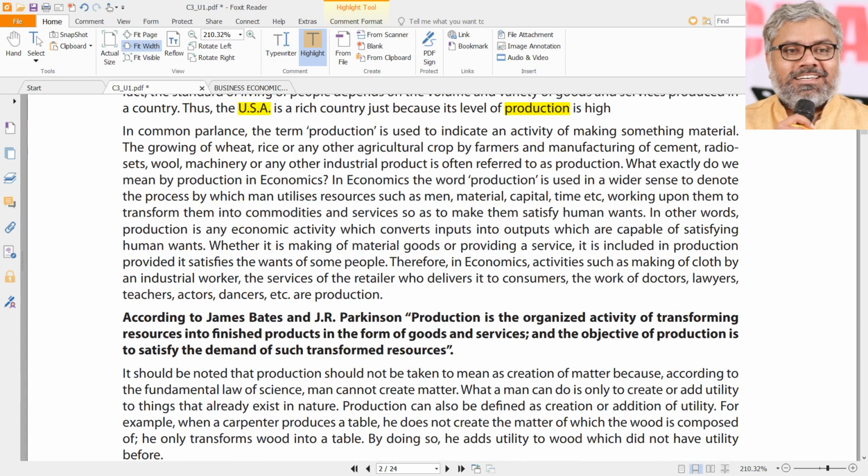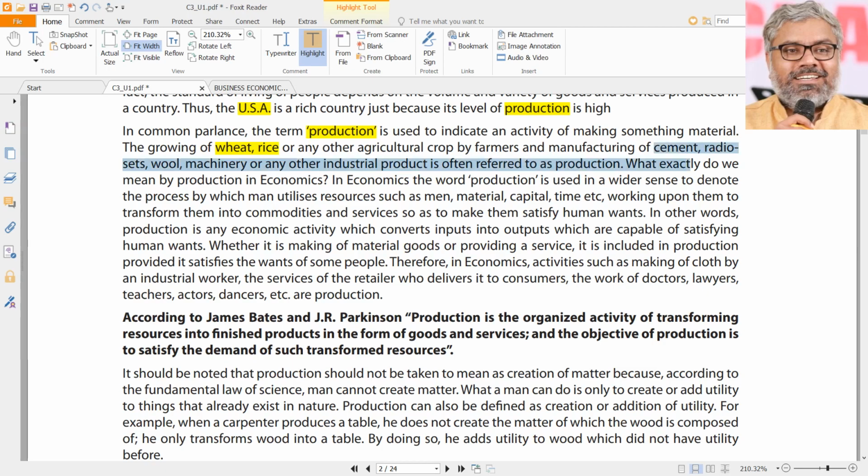Okay, fine. Production is important, we know that. But in which context do we normally use production? We say making something is what production normally is. But is it correct in economics? Not necessarily. For example, growing of wheat, rice or any other agricultural product, is it production? Yes, we consider that as production.